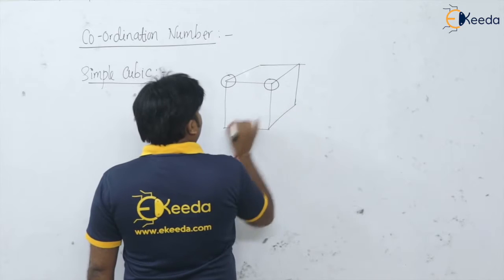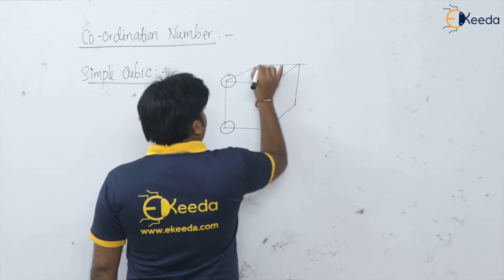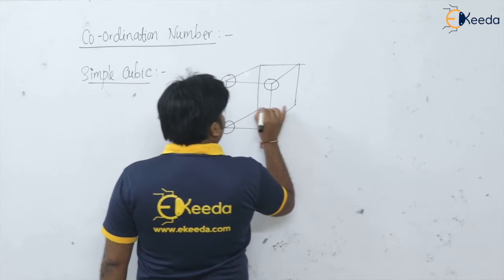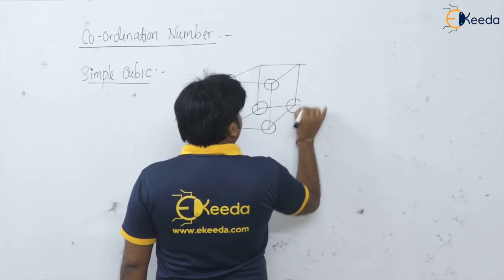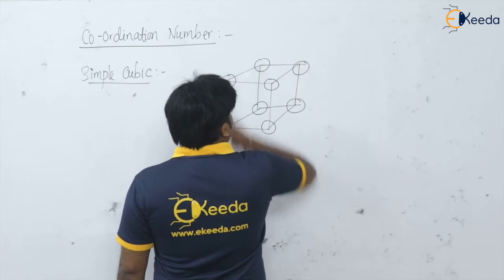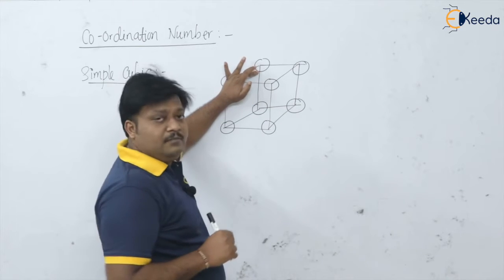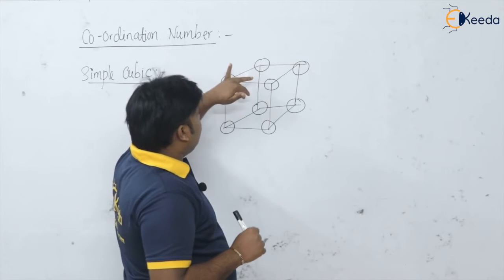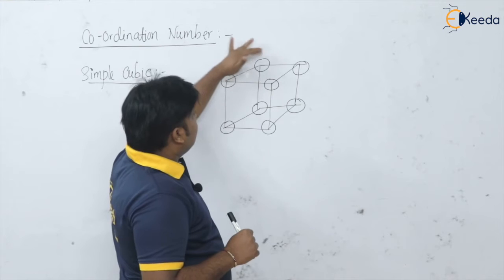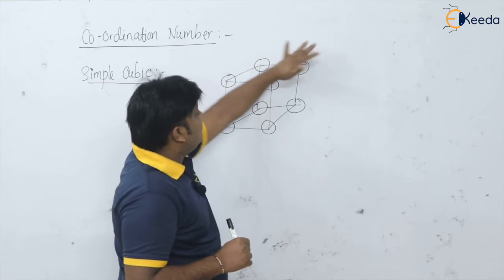1, 2, 3, 4. This is 5, 6, 7 and 8. Okay. So here, if you take any corner atom, it is surrounded by, at equidistant, 6 other atoms.